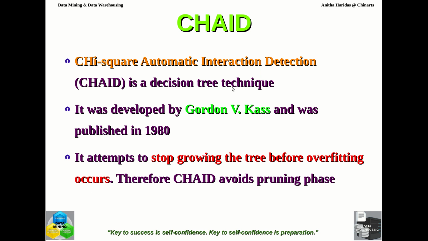But CHAID will stop growing the tree before overfitting occurs. That means it will do the pruning process before the tree is completely grown, so we can say it can avoid the pruning phase since it stops growing the tree before overfitting occurs.